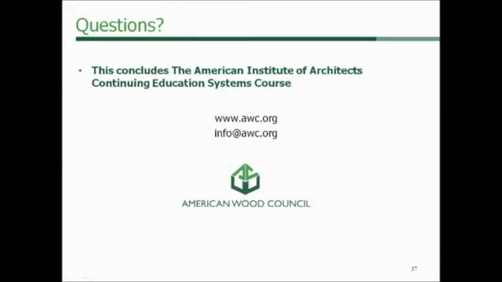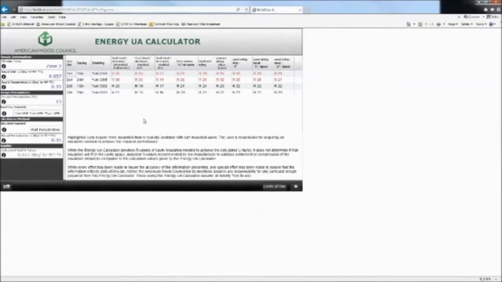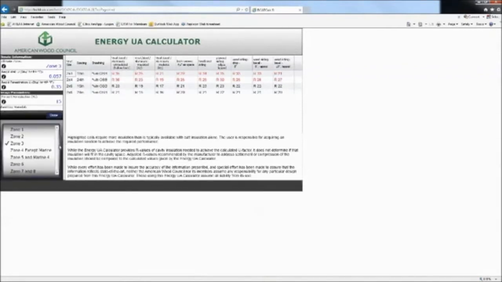Can you show us the online calculator again and do a quick example with it? Yeah. So, can you see the calculator now, Lori? Okay. So this is the online calculator right now. Let's do a stronger climate zone here. Let's do climate zone 6.